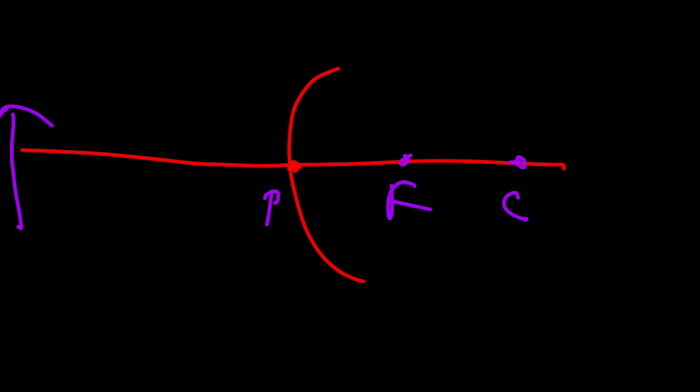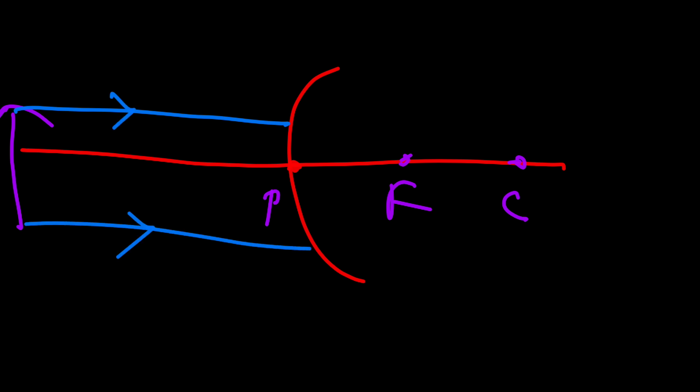Now the light rays are going to come parallel to the principal axis. Let's say two rays come parallel to the principal axis. After reflection, they diverge away. Now we have to extend them backward.